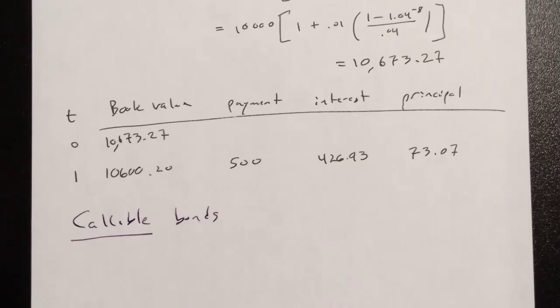A bond is callable if it has a range of redemption rates, dates.